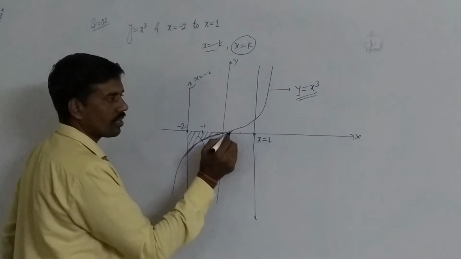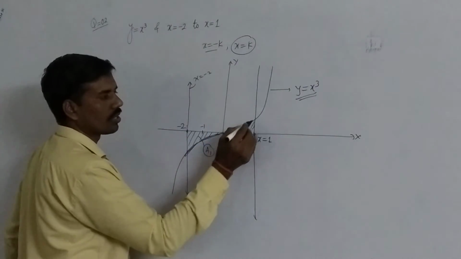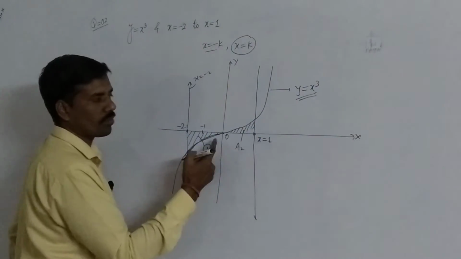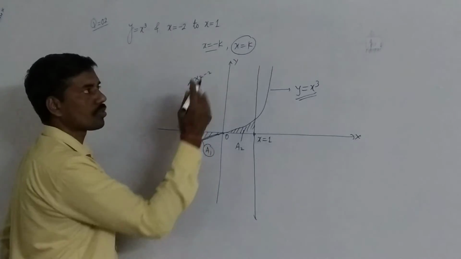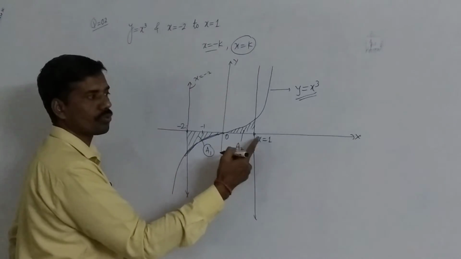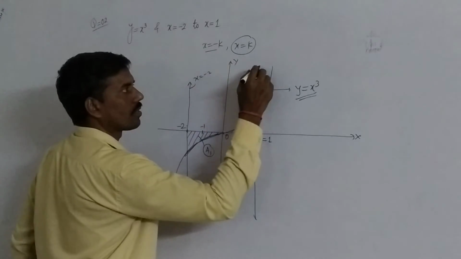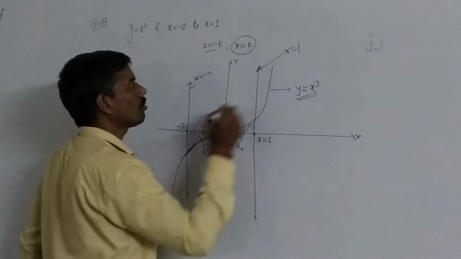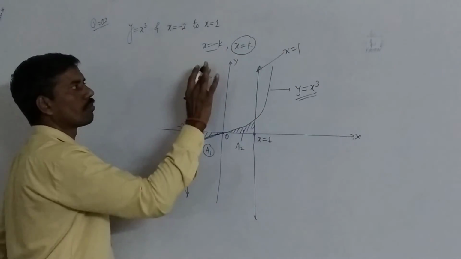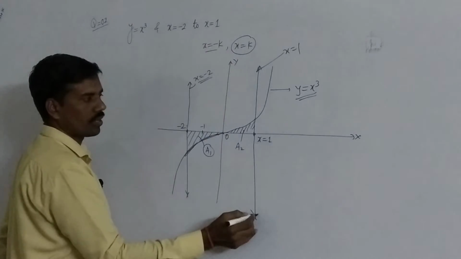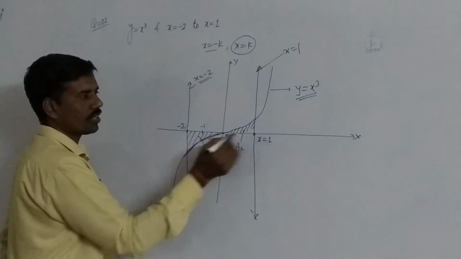The second area A2 is made by x is equal to 0, meaning the y axis, to x is equal to 1, meaning this line x is equal to 1, x is equal to minus 2. Did you understand? You need A1 and A2.